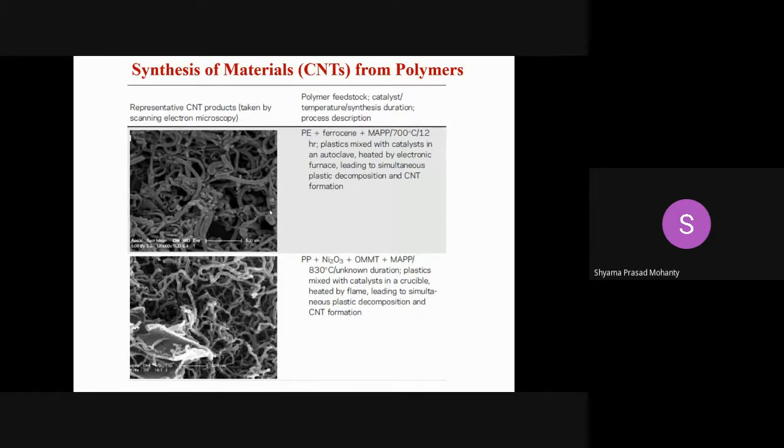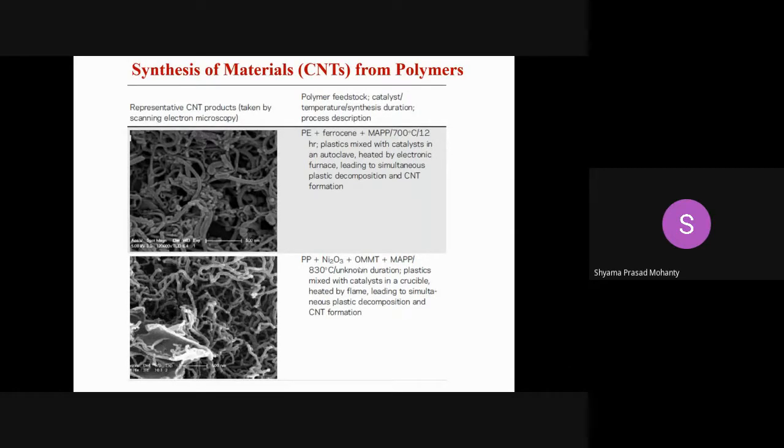So it's not only polyethylene; polypropylene has also been used to synthesize carbon nanotubes. One can generate these kinds of carbon nanotubes using polypropylene with nickel oxide, organically modified clays, and maleated polypropylene by heating them. One thing you have to remember here: if you are going for this kind of synthesis process, the heating has to be done in an inert atmosphere.